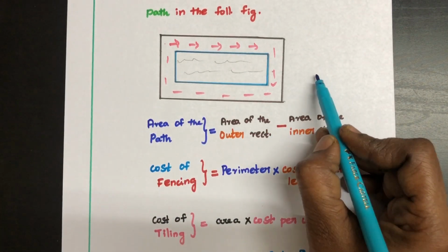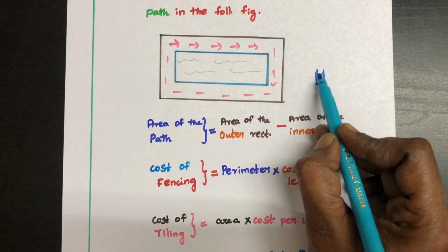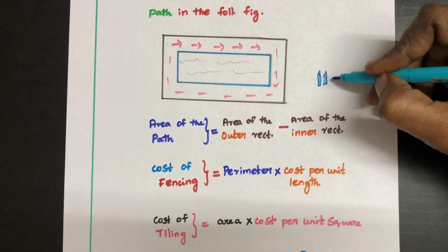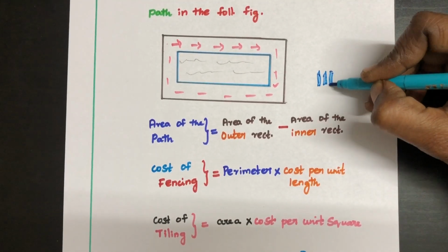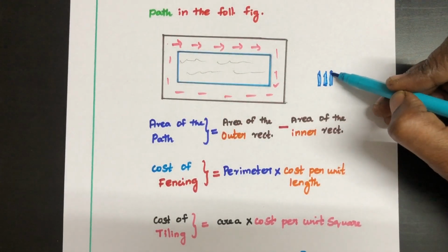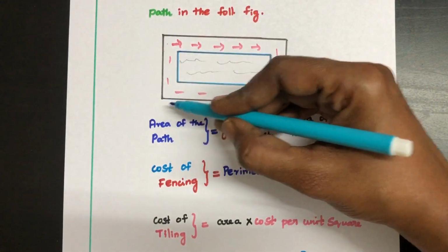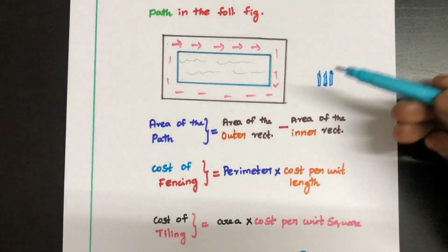Now, cost of fencing. Fencing means if you want to protect your place using wooden material or iron, we give a fencing outside of our place. So this is called fencing. For fully covering and protecting this place, what is the cost?